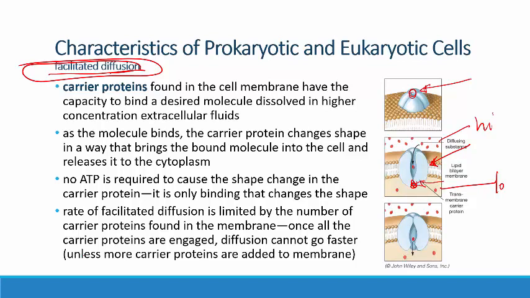So if we want to move more material, we add more carrier proteins until all those carrier proteins are engaged, and then once again the only way we can speed it up is to add more carrier proteins. So the cell can control how rapidly it moves materials into or out of the cell by changing the number of carrier proteins embedded in the membrane.